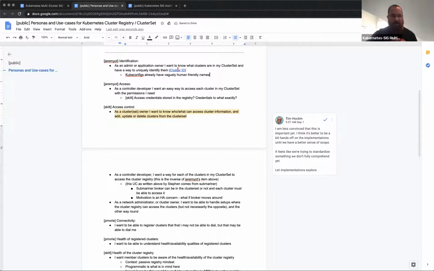Just as a note, this next bullet I added, I'm actually less convinced that this is something that needs to be defined versus just supported. My initial thought on cluster registry is that it should provide you credentials.